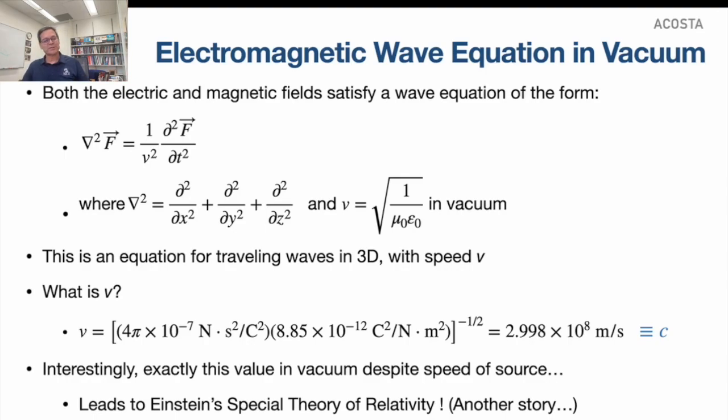What we wanted to conclude here is that the differential forms of the laws of electromagnetism, when combined, lead to these wave equations shown here. The solutions to the wave equations are traveling electromagnetic waves, traveling waves for the electric field and for the magnetic field. Now they're not independent.